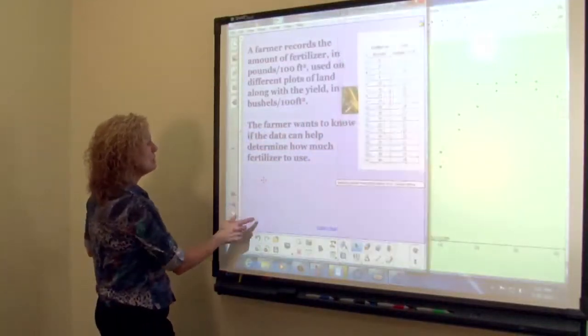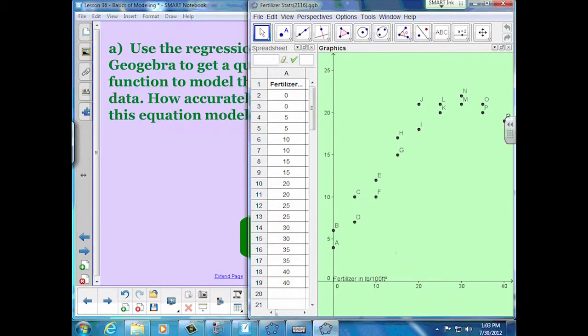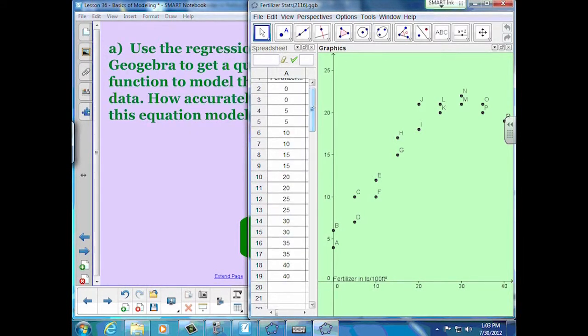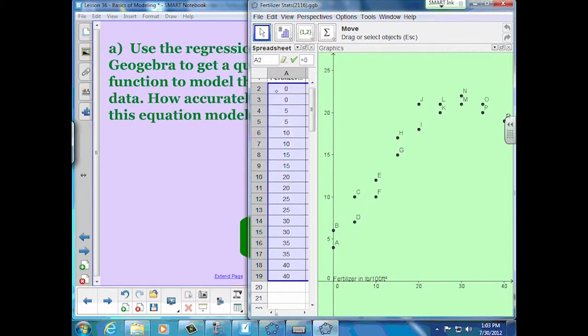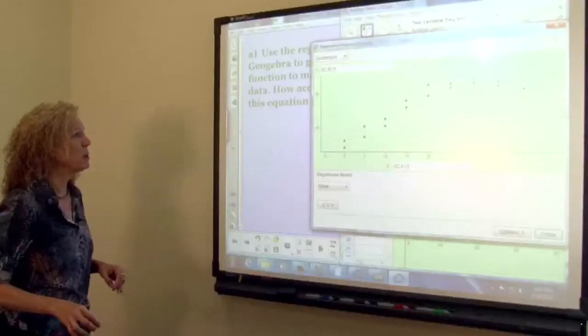I said use the regression feature to get a quadratic function. So to do a regression, what I need to do is select the data, not the titles, just the data, and there we go.